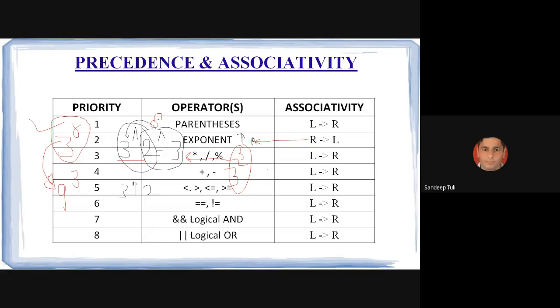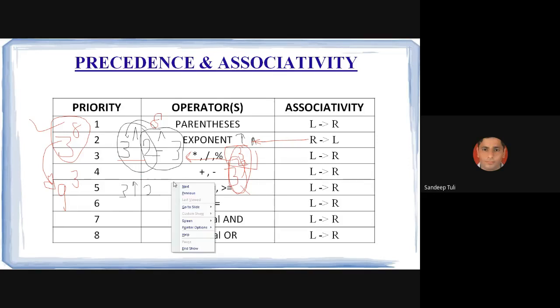Any other doubt? Definitely here we will not calculate 3 to the power 2 first. We will calculate first the 2 to the power 3, then 3 to the power 8. That is what we want to say. That's why it is right to left associative.